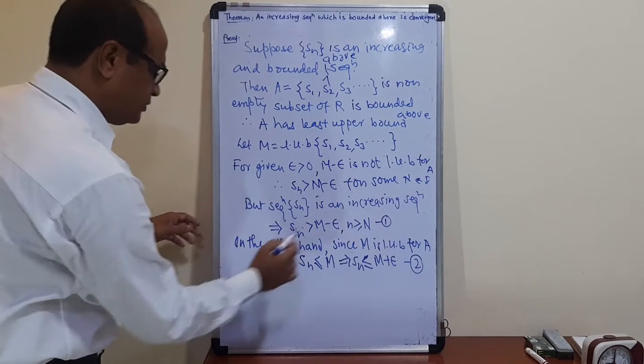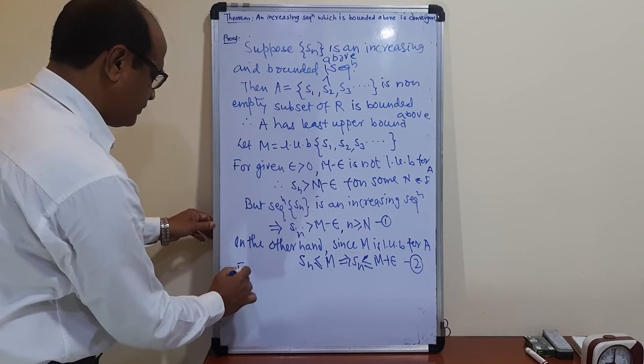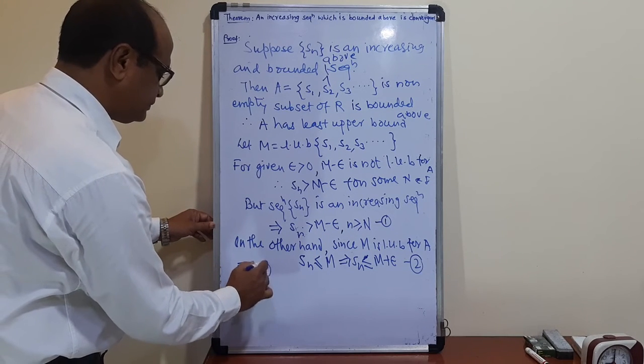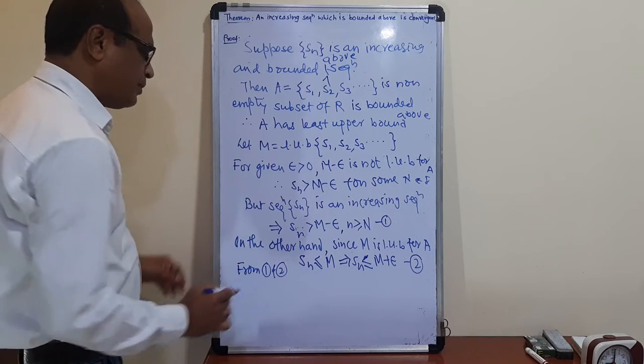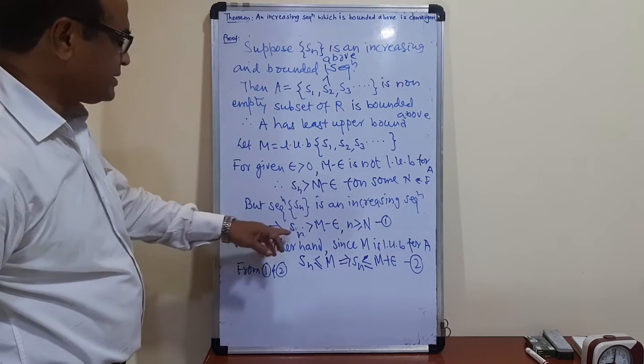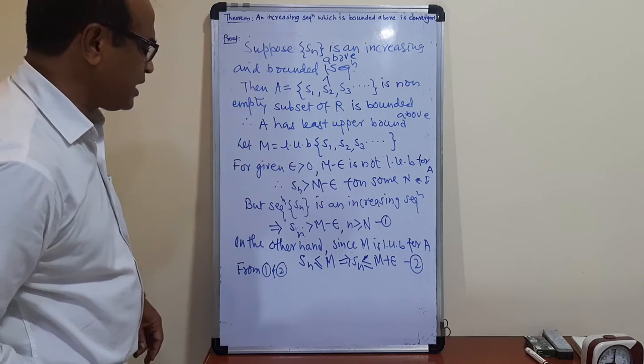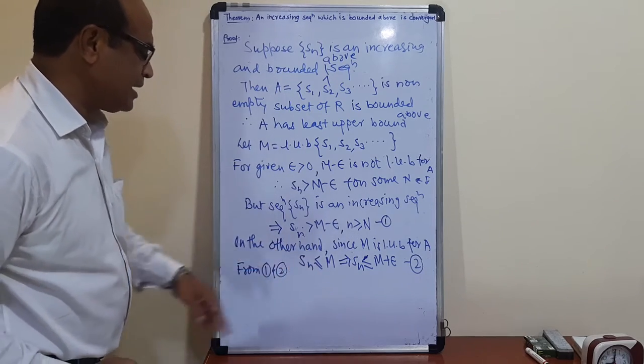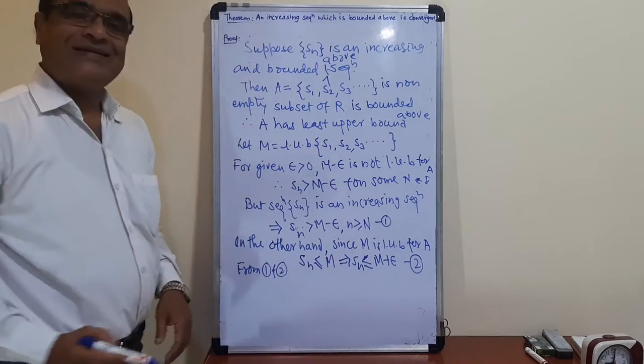So from 1 and 2, Sn is greater than m minus epsilon and Sn is less than m plus epsilon.